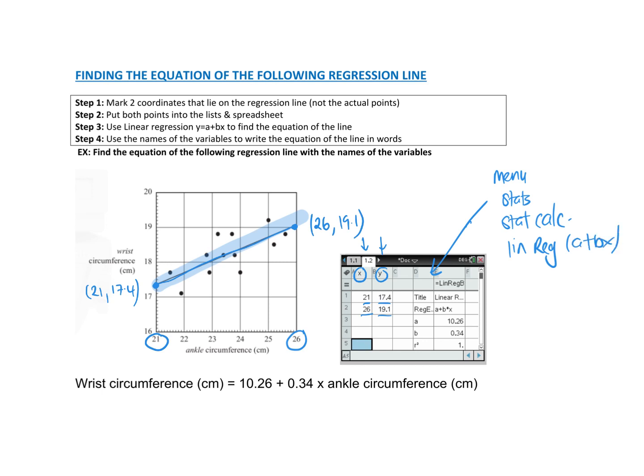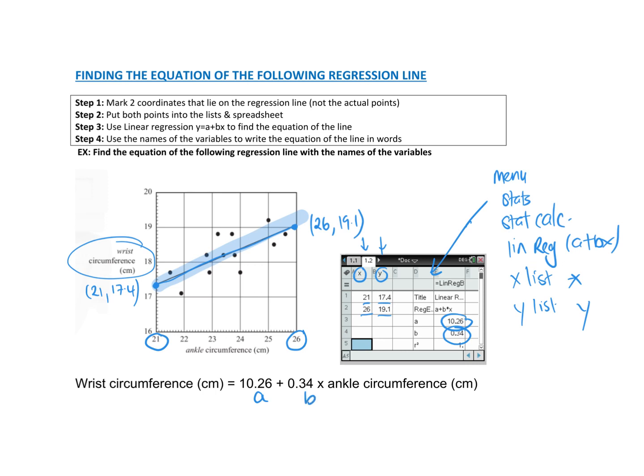I've gone in there, and my x list, I just called it x, so I picked x, and my y list I called y, and we end up with these 2 values that we need. Then, because they said find the equation, I need to make sure I use the right variable name. So I wrote wrist circumference equals, and then I put my a value, which was 10.26.